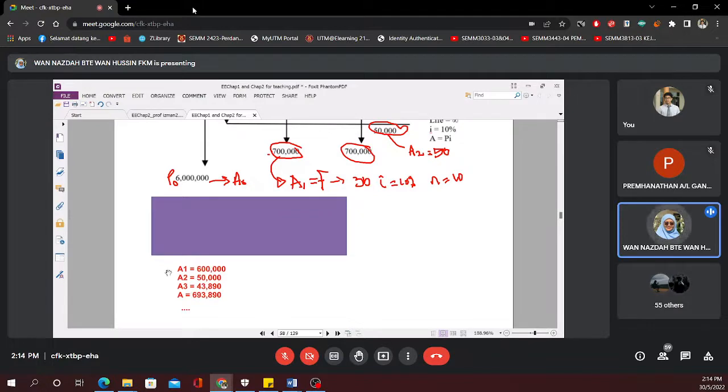So the total for A equals to 963,890. So that will be the annual income the company should obtain.